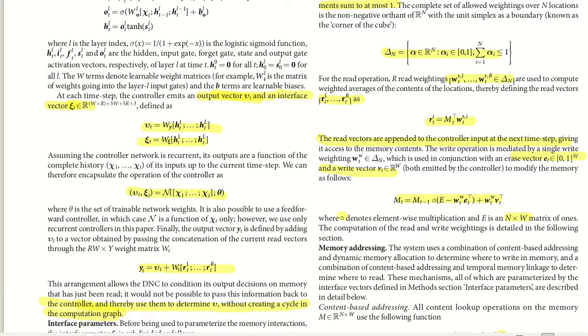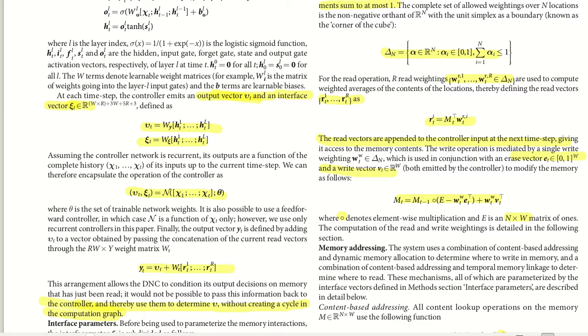The same principle also holds for writing to the memory. Here you have a write weighting w_w at time step t, and the E here is a matrix that has the same size as M, but is filled with ones. We decide when to write, and when we write, we take the outer product with a deletion vector, which tells you which elements to delete.